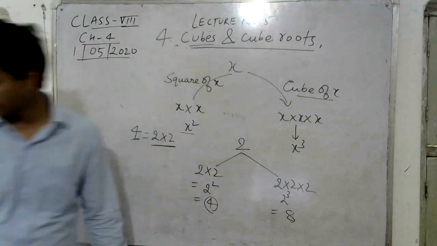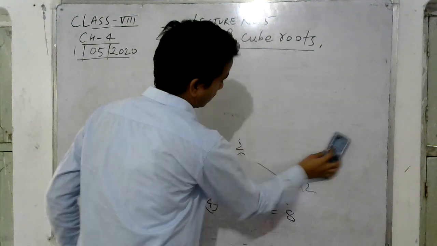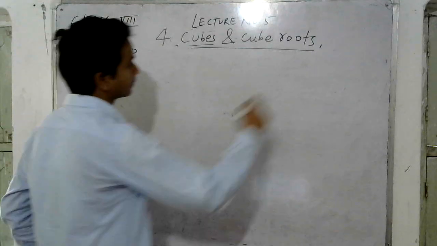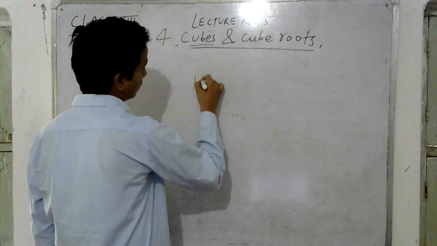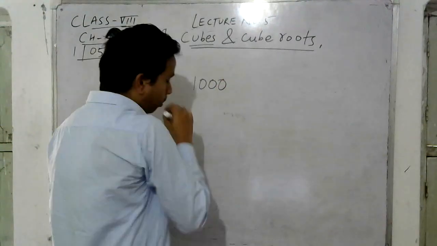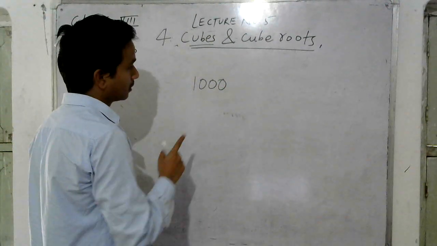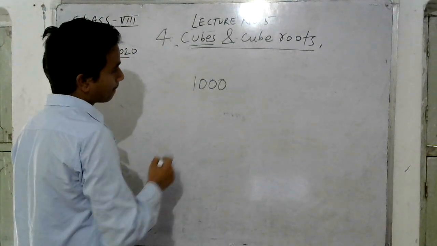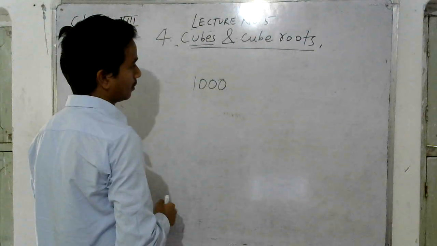Let us see an example. Suppose there is a number 1000, and I have to check whether it is a perfect cube number or not.